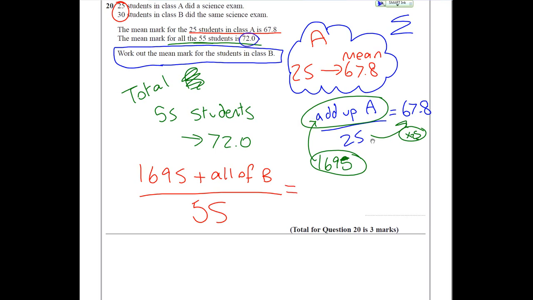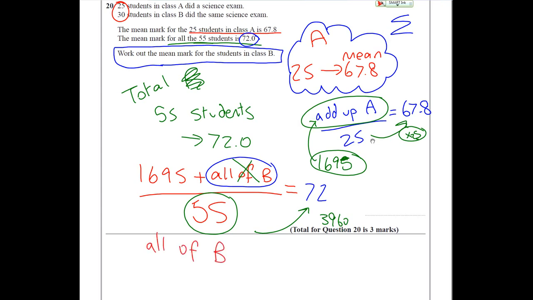And you get the average, 72. It's like an equation with an unknown. Get the unknown on its own, think of it as maybe x, by timesing by 55. 72 times 55 is 3960. Now we take away 1695 and we get the sum of B equals 2265.